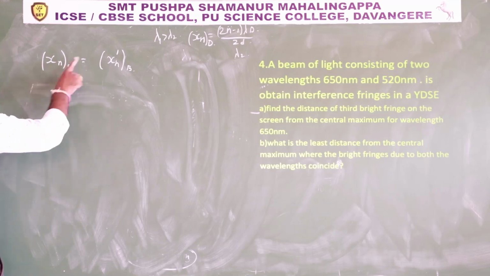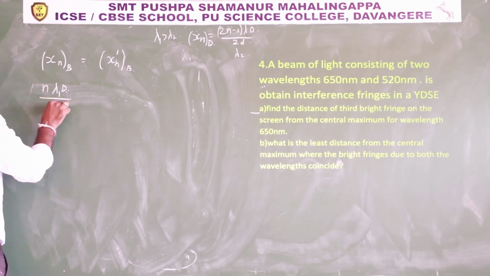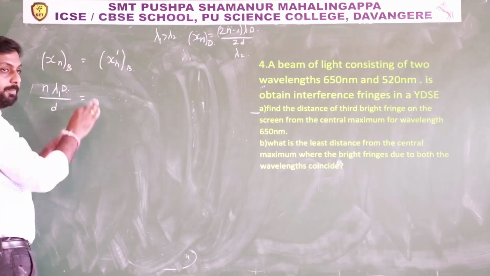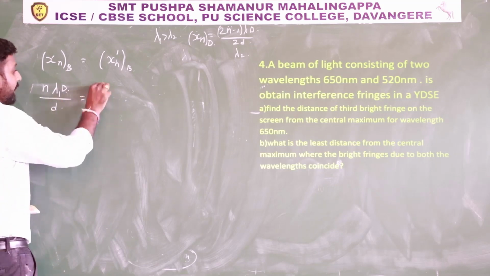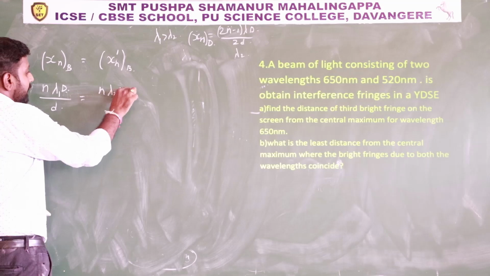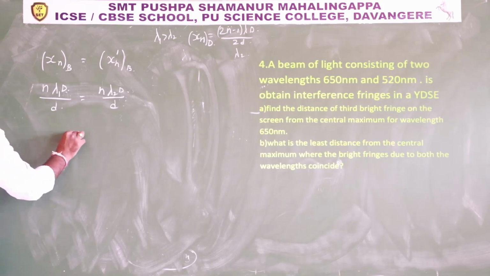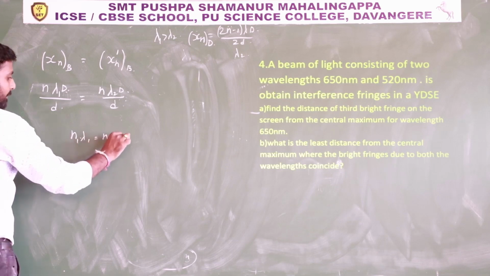Here n lambda 1 capital D divided by small d should be equal to n lambda 2 capital D divided by small d, since at coincidence both distances should be the same. So capital D and small d cancel, and I can write n1 lambda 1 is equal to n2 lambda 2.